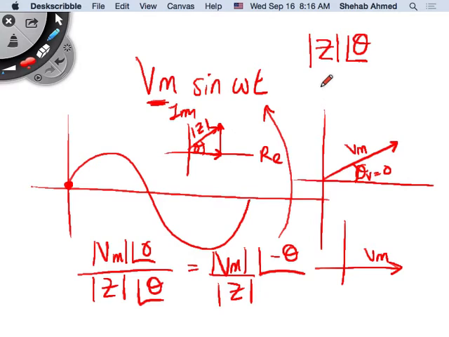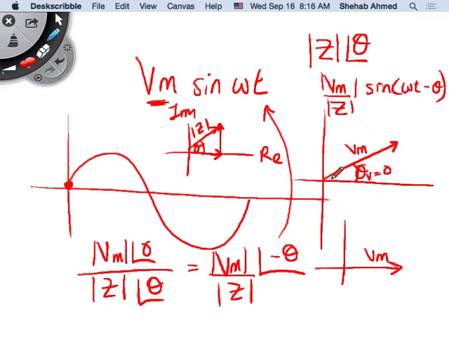I would write it as V maximum over Z. These are magnitudes, and it's sine omega t minus theta in the time domain. Okay? So that's time domain versus instantaneous value versus phasor domain.